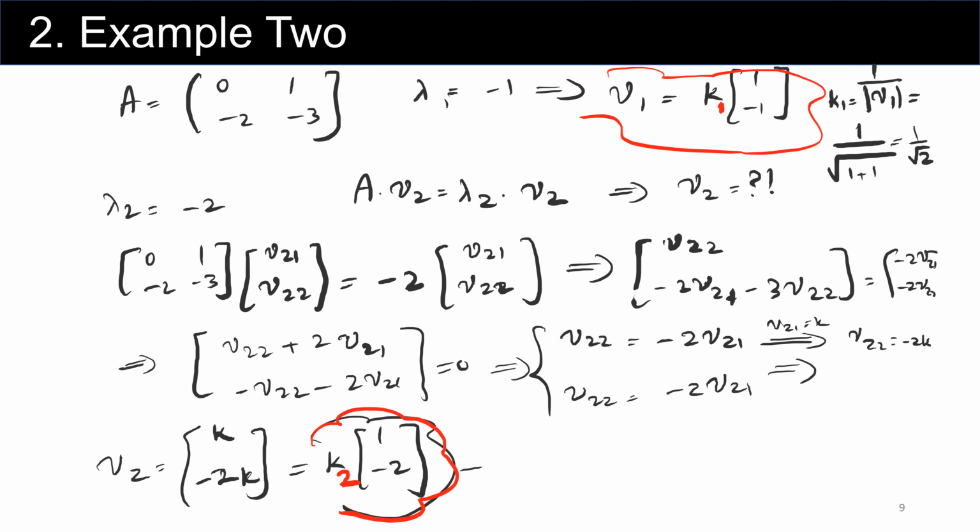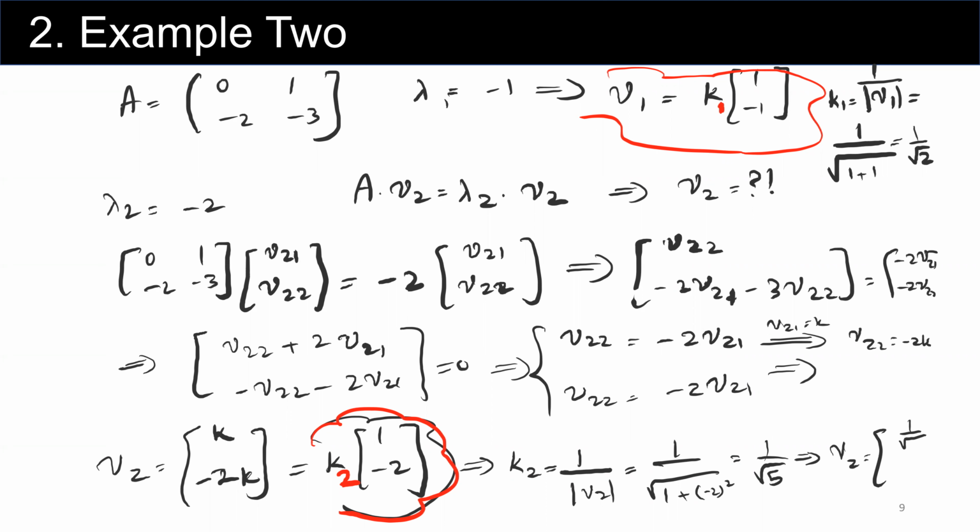Same here, we can choose k2 to be 1 divided by the norm of V2. We normalize V2, so it's going to be 1 divided by square root of 1 plus (minus 2) squared, 1 divided by square root of 5, which means our normalized V2 is [1/sqrt(5), -2/sqrt(5)].